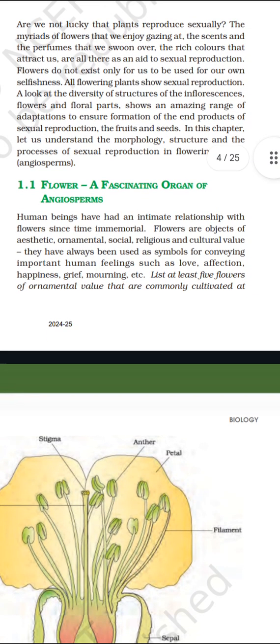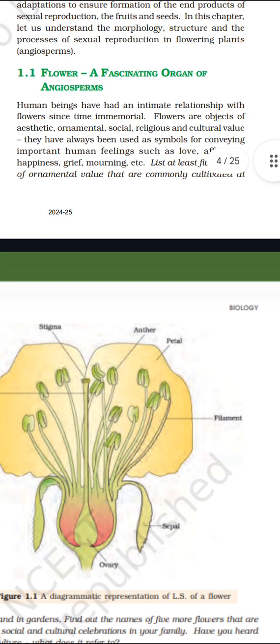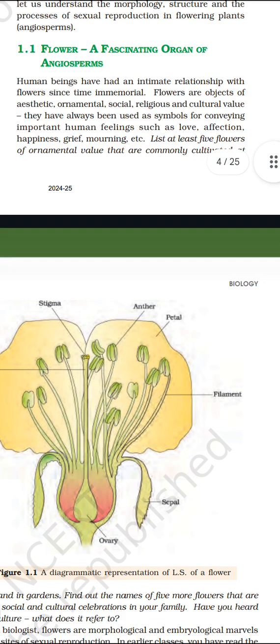Yes, how we are going to start: 1.1, that is, a flower, a fascinating organ of angiosperms. In this paragraph, we can see how a flower is used in human life, like we give it to loved ones to show affection.